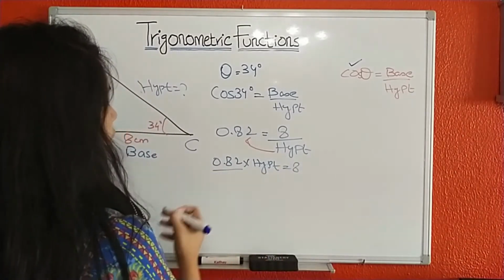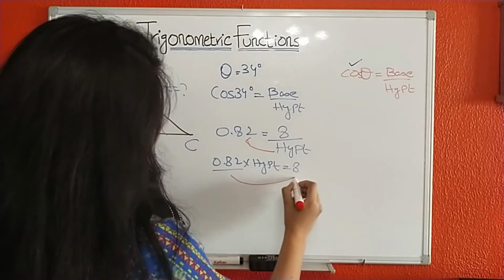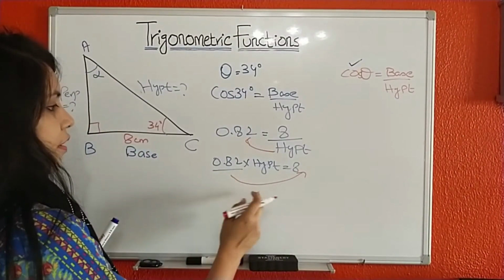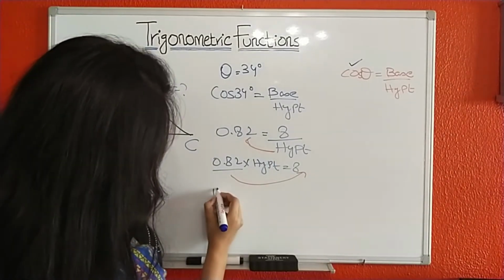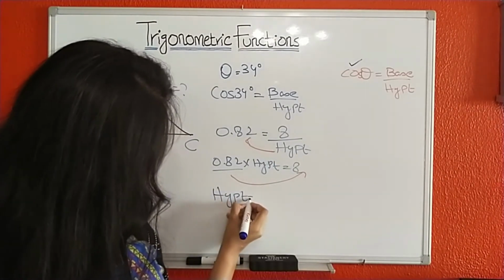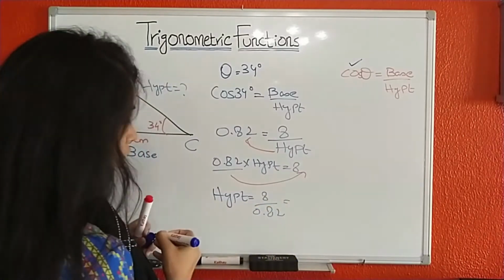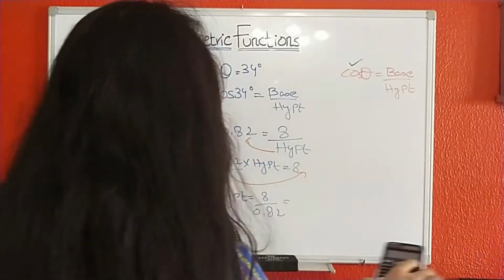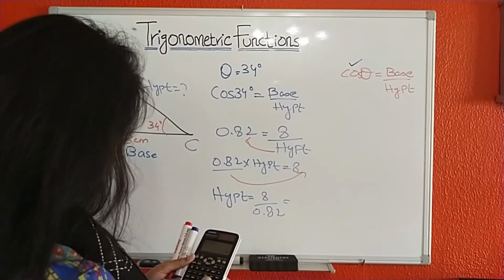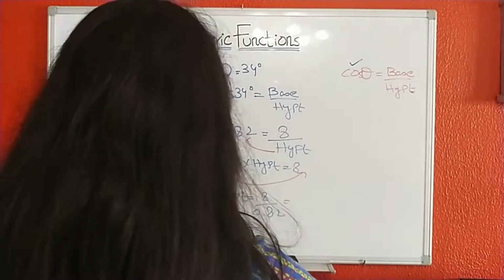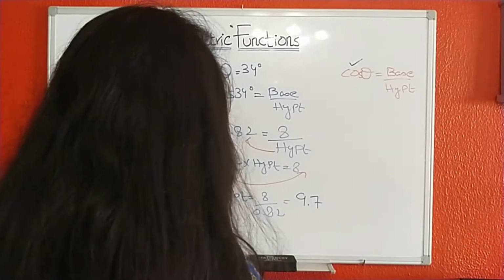So this 0.82 will also shift here, as it is multiplying here, then it will divide there. So the value of hypotenuse is equal to 8 divided by 0.82. Now I am calculating it through calculator. 8 divided by 0.82 is equal to 9.7. So the value of hypotenuse is 9.7 here.